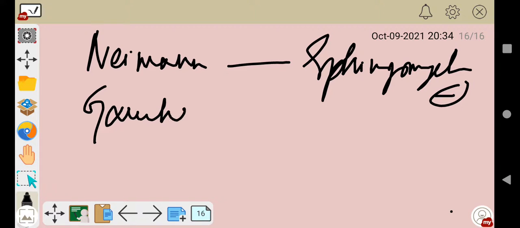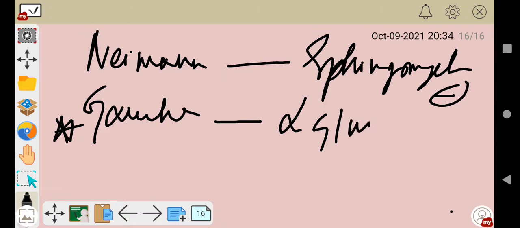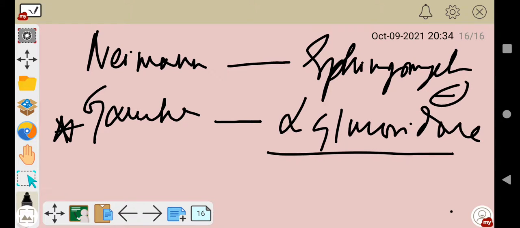Gaucher's, I've already mentioned. This is very important. Don't ever forget this. This was asked in the last NEET also. Glucocerebrosidase defect, also known as leukocerebrosidase. Know both the names.